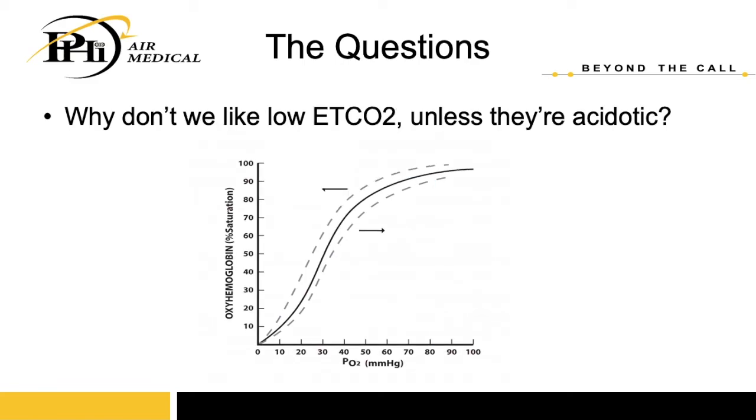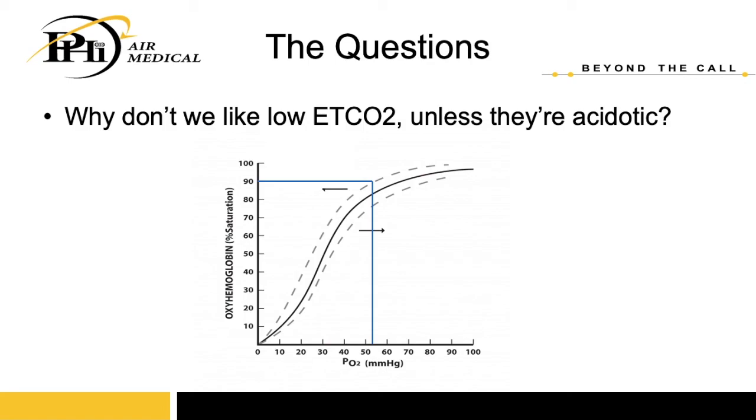And the second question is, why do we not like seeing a low end-tidal CO2 unless we're doing some sort of compensatory thing for a severe acidosis? It's because when we have a low end-tidal CO2, meaning we have a low CO2, that is going to create an alkalotic state and a leftward shift inside that oxyhemoglobin curve. So now if we have somebody who's just hyperventilating for some reason, or we are hyperventilating them on the ventilator, and they've got a saturation at 90%, now all of a sudden their PO2 is about 55 or 50, and we have only about 10 or 15 millimeters of mercury available for tissue oxygenation.